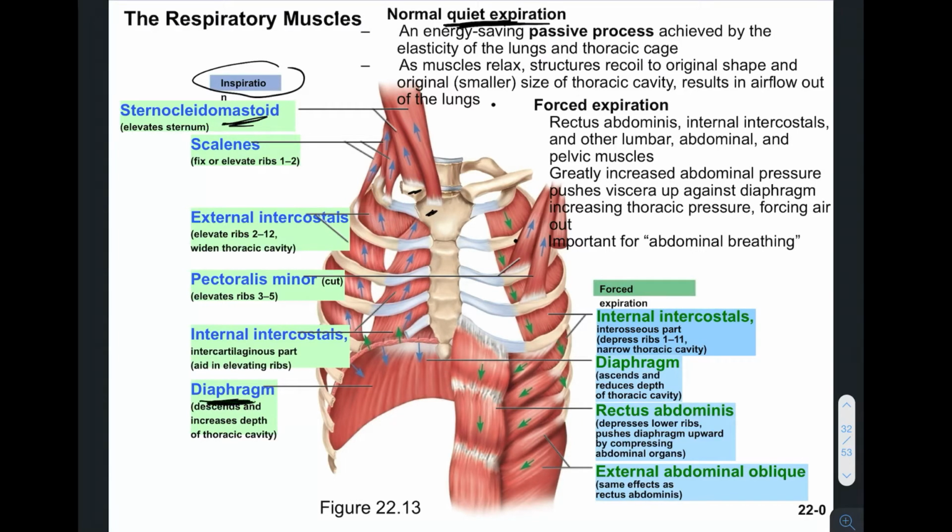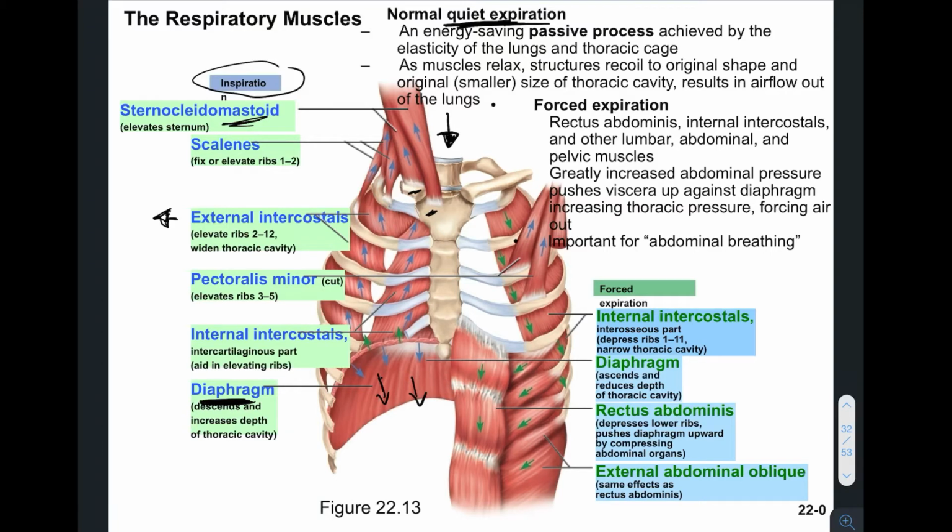The diaphragm is another example. It will flatten out and move downwards, increasing the size of the thoracic cavity down there. And then you have the intercostals, which will open up the thoracic cavity to the side. When these muscles contract, you get an enlargement of the thoracic cavity, decreasing the pressure inside the thoracic cavity, forcing air to flow into it.